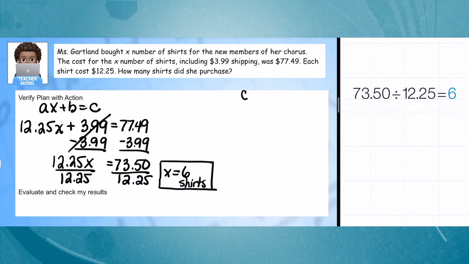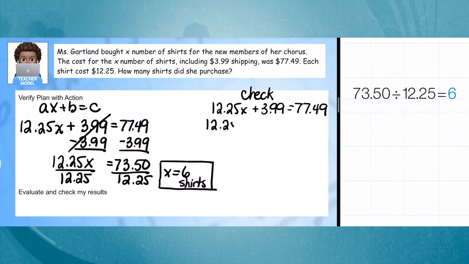Let's check our work. And we have 12.25x plus $3.99 equals $77.49. Substitute 12.25 times 6 plus $3.99 for shipping is $77.49.